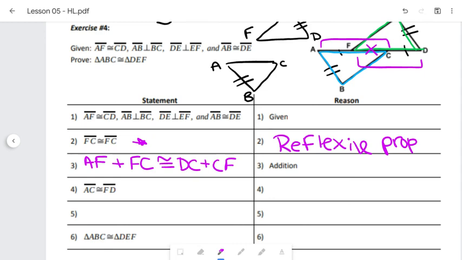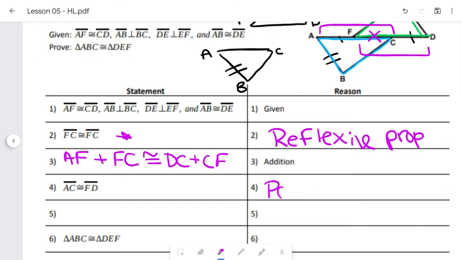So I'm just taking the two smaller pieces along the blue first, so AF and FC, and then DC and CF. So I added those up together. And then if I combine those two pieces, AF and FC, you get AC. Same thing on the right side, the DC plus the CF add up together to get FD.